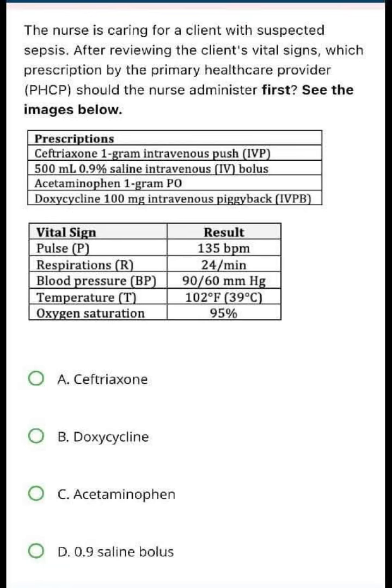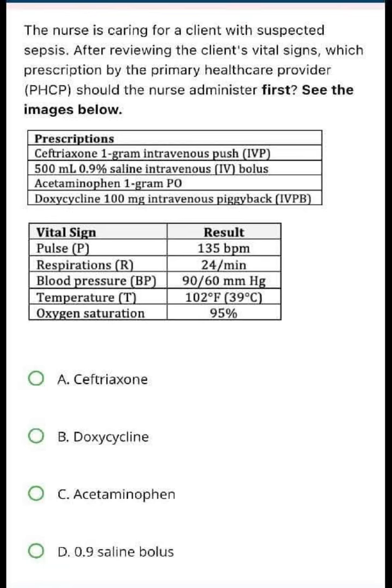Now, what are the signs and symptoms presented by the patient? Number one, we have pulse, which is 135. Two, we have respiration of 24. Now we have blood pressure of 90/60 millimeter mercury, and then we have oxygen saturation of 95. What is the question again?